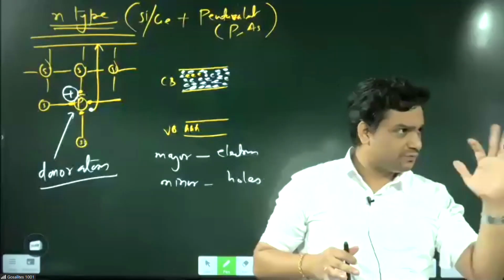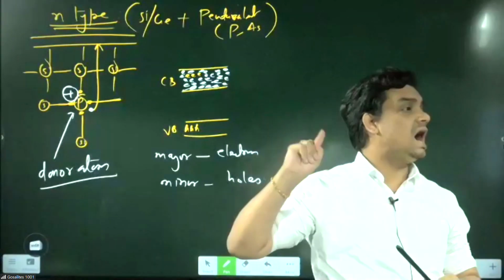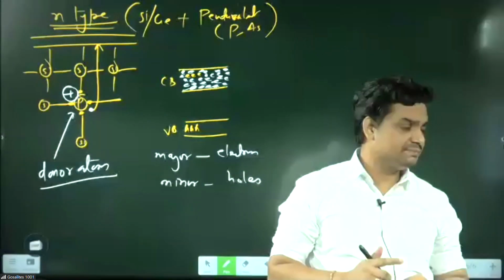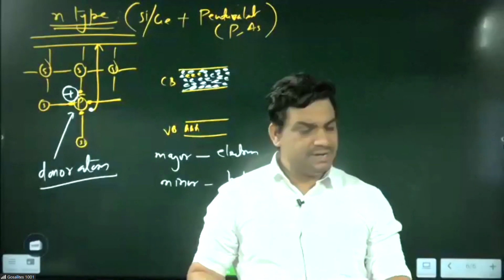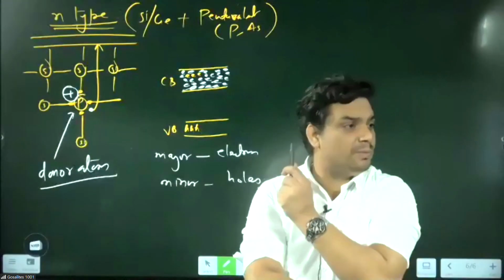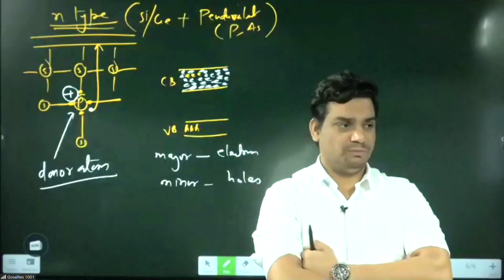If the size is very large, it cannot move within the lattice. So this is known as an immobile ion, meaning it cannot move. So they will ask: does p type contain positive immobile ions or negative immobile ions?